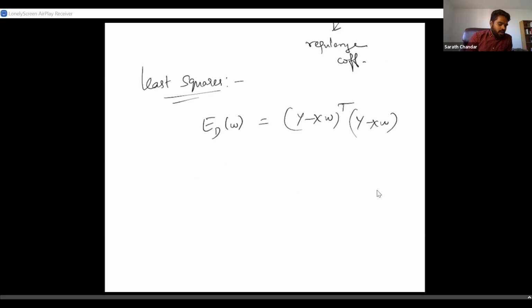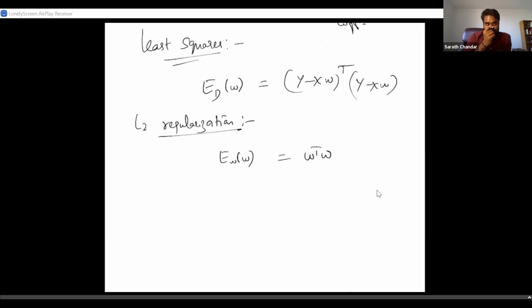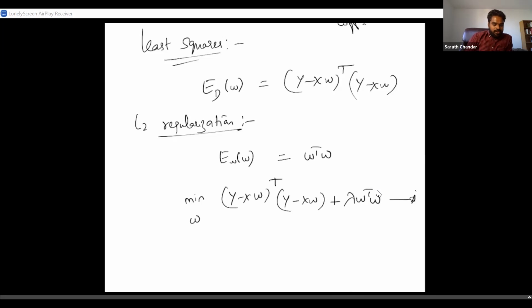Now if I want to do L2 regularization, which is what we did before, the regularization term is w transpose w, which is w squared. So the objective that we want to minimize becomes (y minus Xw) transpose (y minus Xw) plus lambda times w transpose w. We are minimizing with respect to w. Let's call this equation A star.